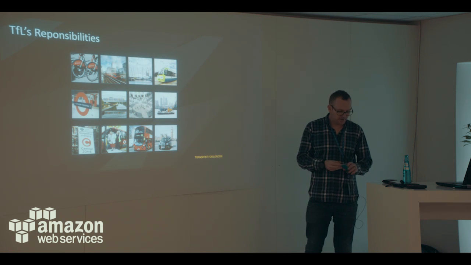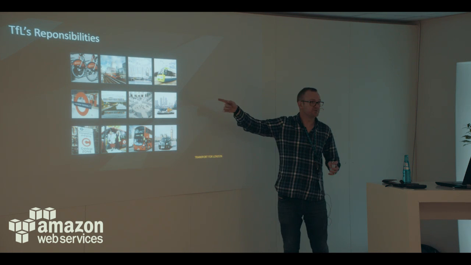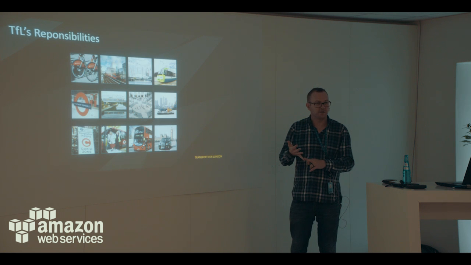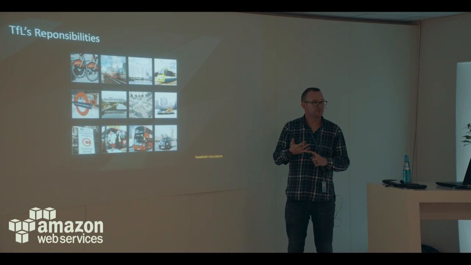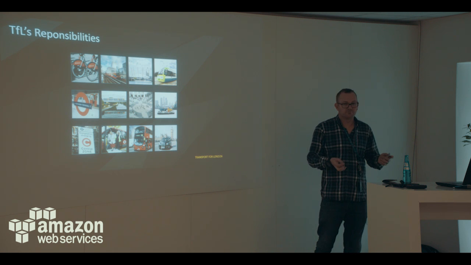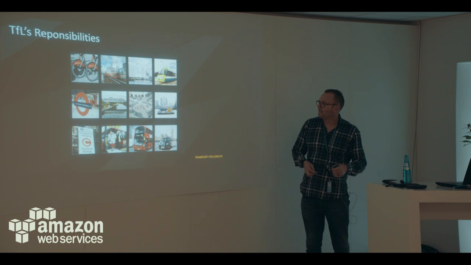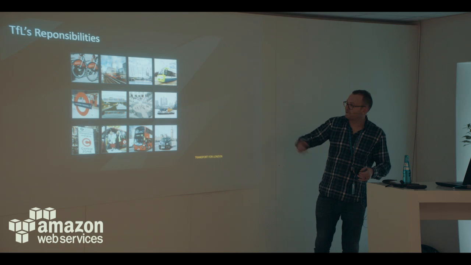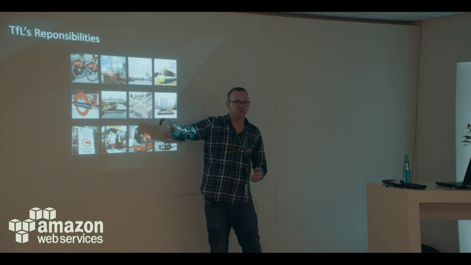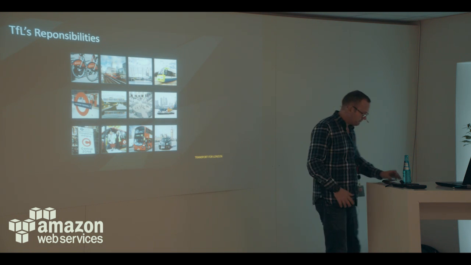TfL are responsible for the tube, but they have responsibility for all of the footpaths, the sidewalks, the roads, buses, trams, overground railway, underground railway, and they regulate the taxis, and they're responsible for the bike rental system as well.